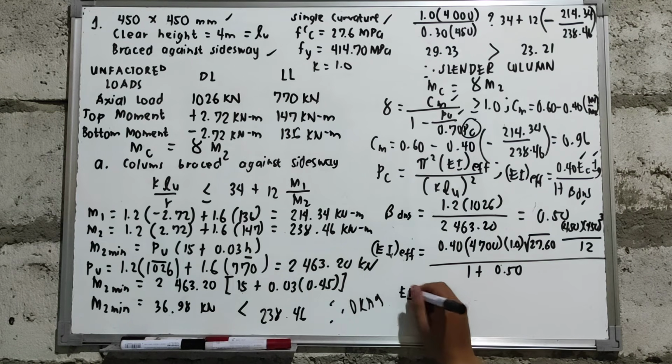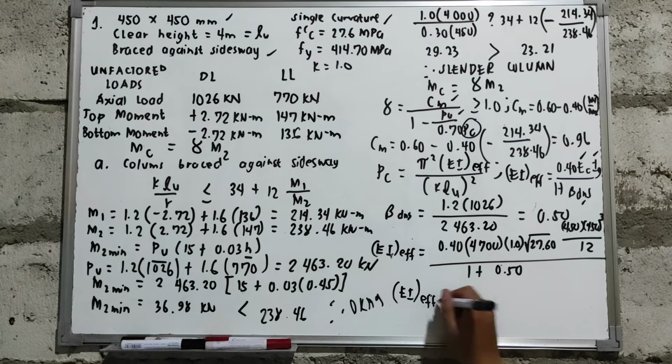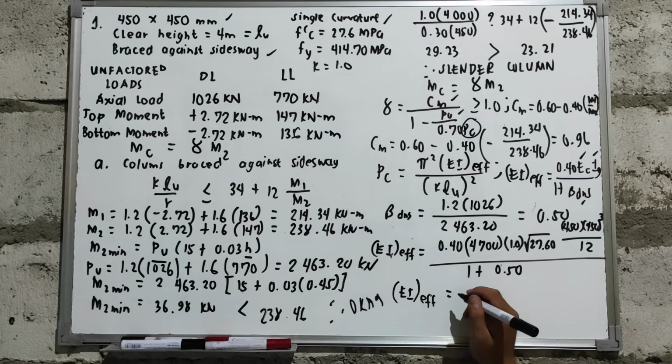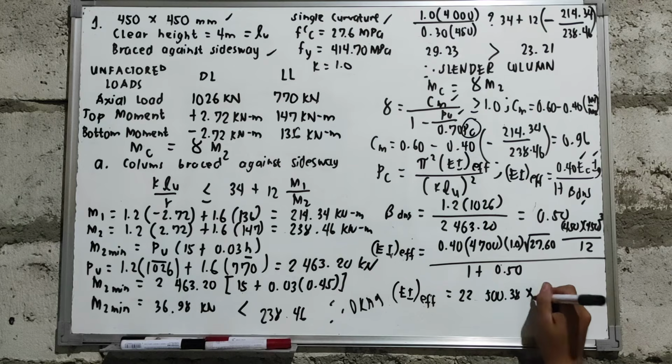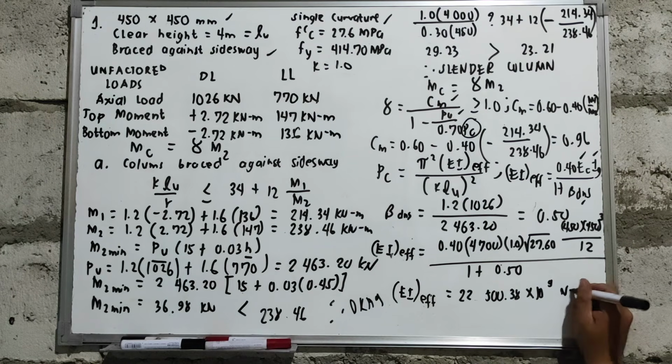So the value of your flexural rigidity na effective, that is equal to 22,500.38 times 10 raised to 9 Newton mm squared.